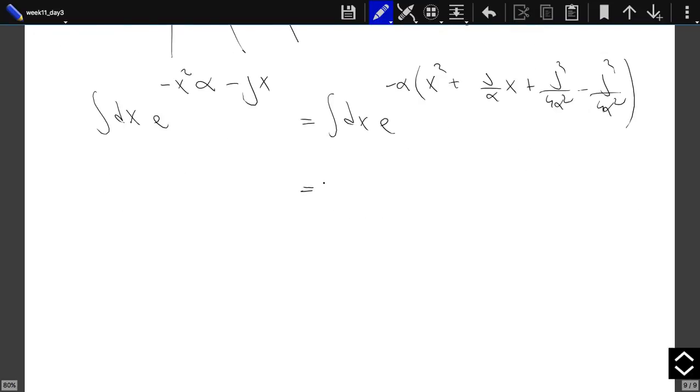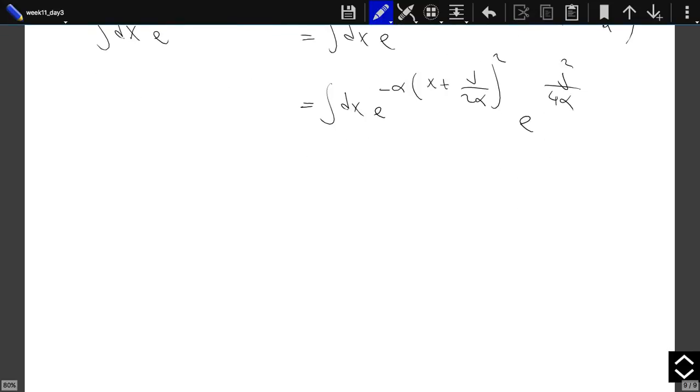And then the result is dx e to the power minus alpha times x plus j over 2 alpha, squared, times e to the power j squared over 4 alpha. And the first one is just square root of pi over alpha, times e to the power j squared over 4 alpha.